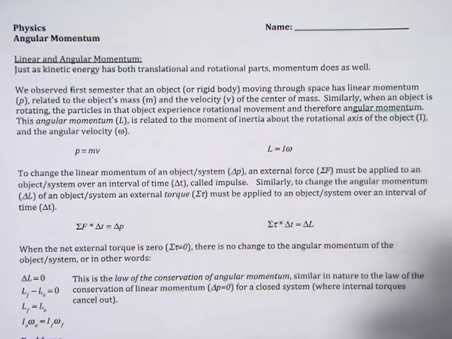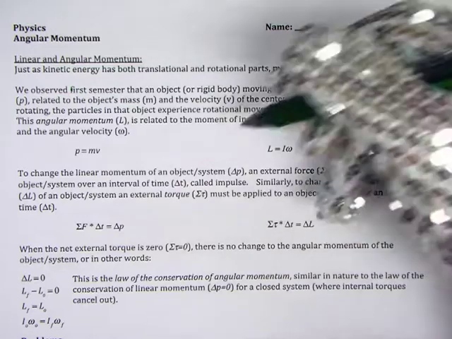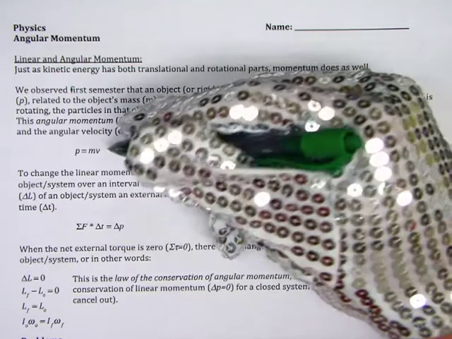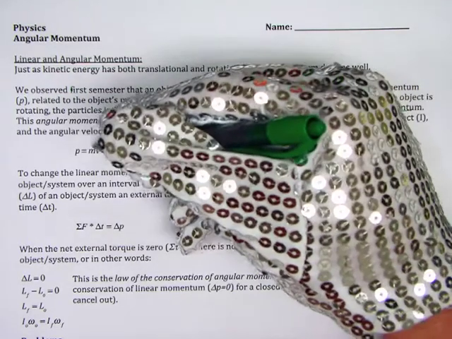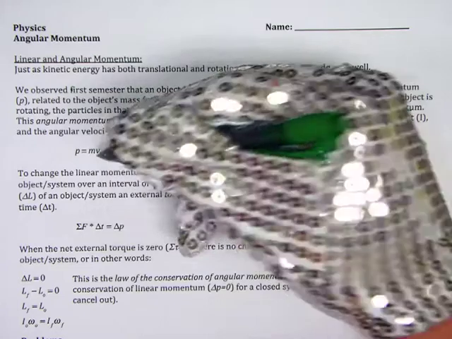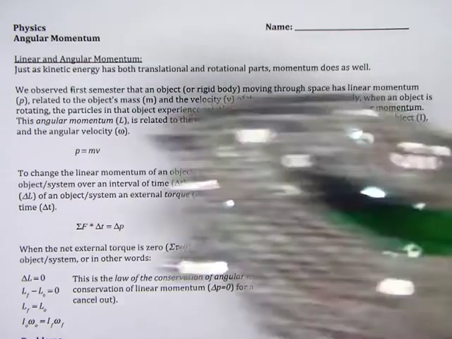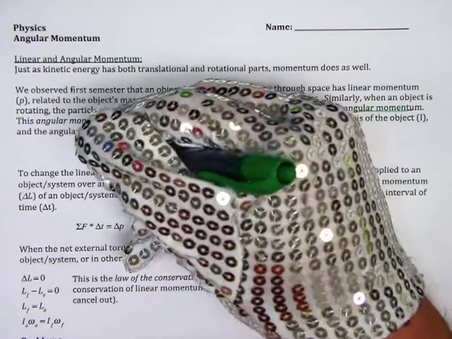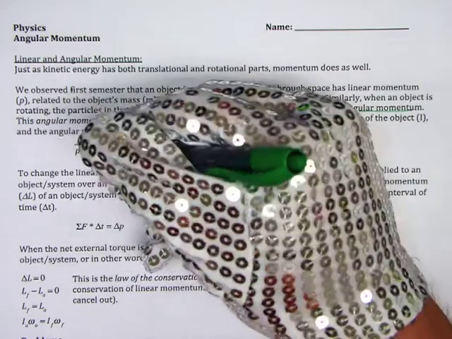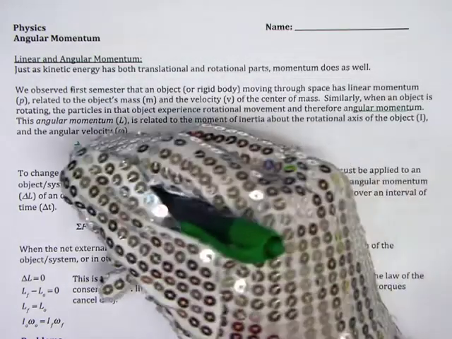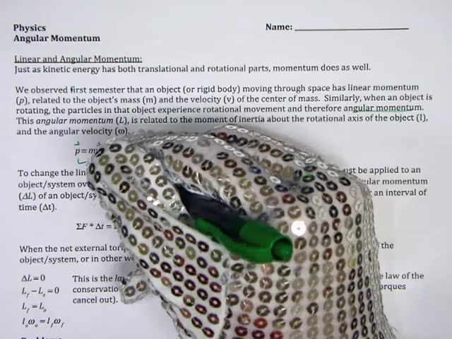So the quantity angular momentum of an object rotating is similar to linear momentum in that linear momentum is the mass of the object times its linear velocity at any given moment. And these are also vector quantities where mass is a scalar and momentum and velocity are vectors. Therefore, they are aligned in the same direction.